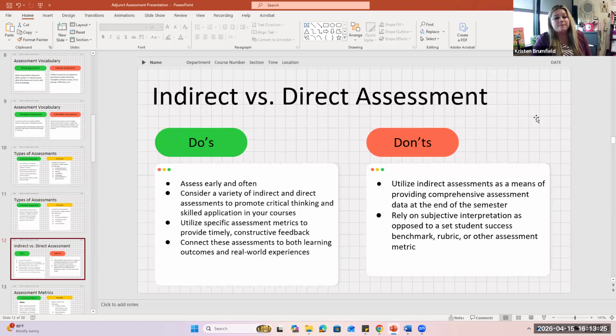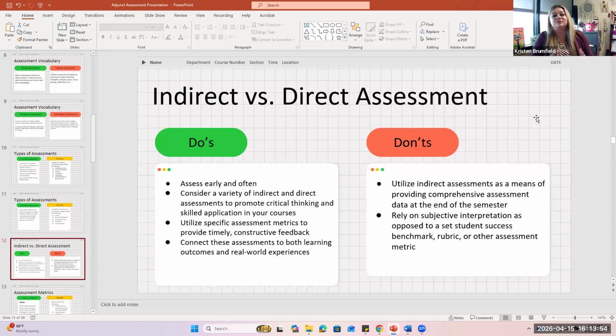And some don'ts. Don't utilize indirect assessment as a means for providing comprehensive assessment, and stay away from being subjective. I also joke and tell my students, assessment doesn't have a place for your feelings, because sometimes we have an idea in our heads of what we think students can do because we get to know them, but that is really not accurate assessment.